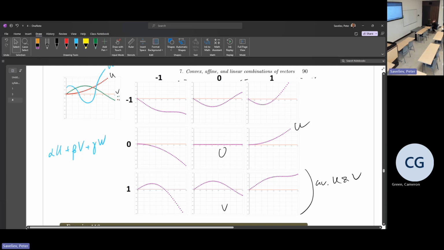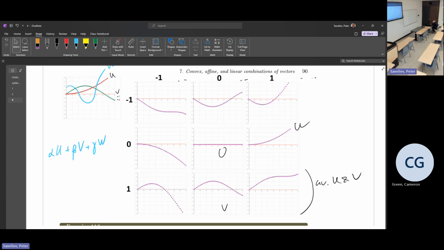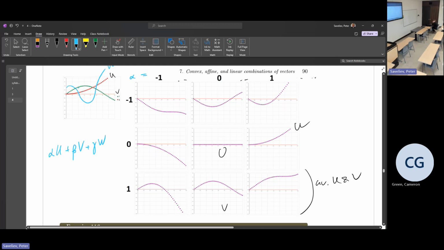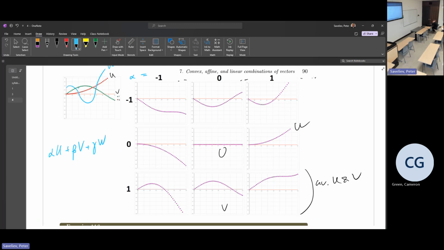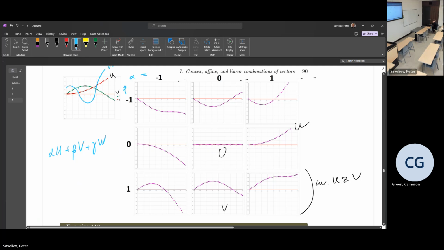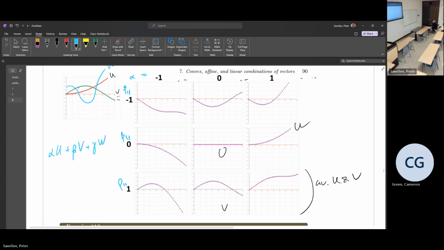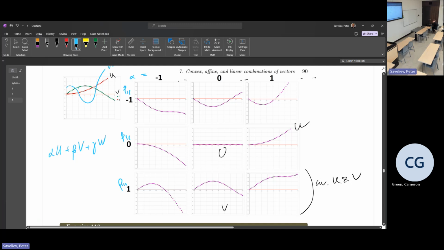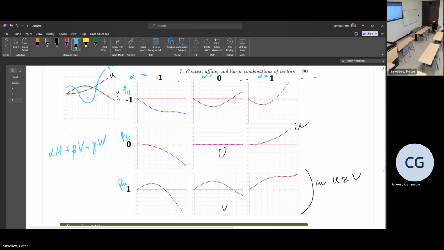Is the picture itself the table? Is it clear? To be clear, this is alpha. Over here, alpha runs between 0 and 1, and then on and on with all the rest of the values. So just skipping some, and these are betas. This is beta. And this is alpha. So change in the horizontal direction gives you change of alpha, which means that it contributes to the weight of u.